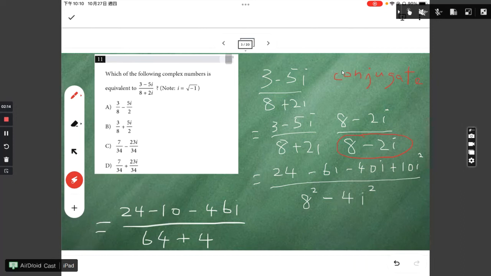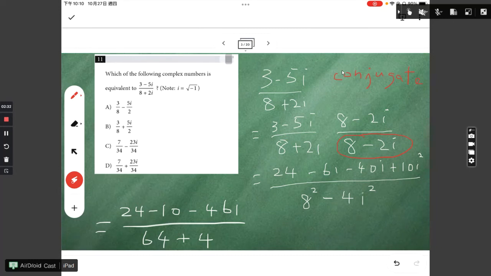So a squared minus b squared, in this case, means 8 squared minus the square of 2i. The square of 2i is 4i squared, and the square of 8 is 8 squared.